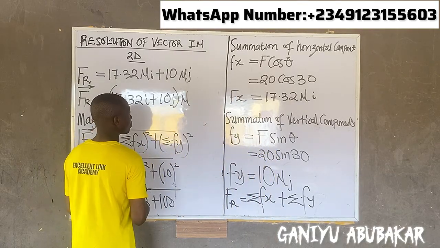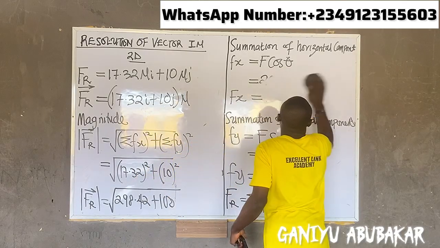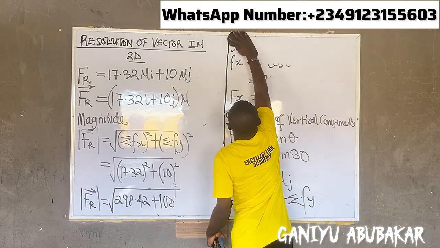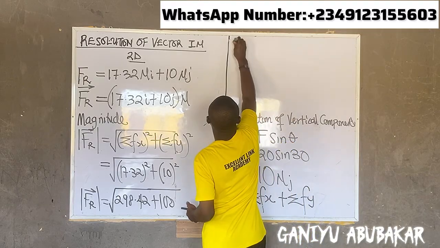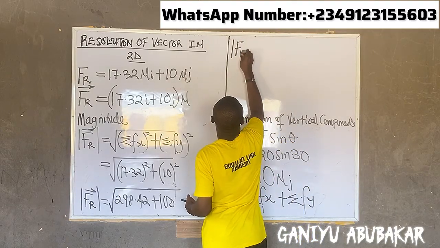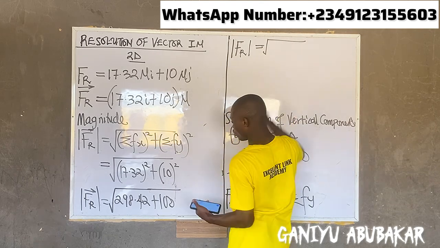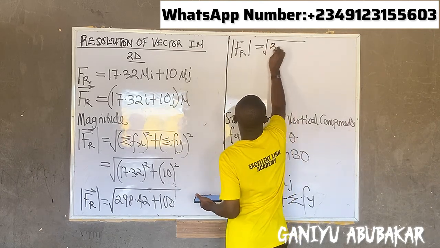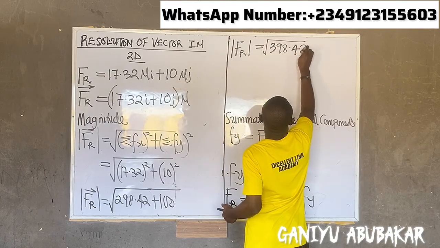From here, let's get the magnitude of the resultant force. The magnitude of the resultant force is equal to the square root of, add these two together, that gives you 398.42.